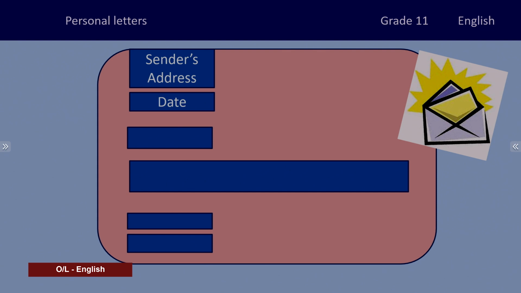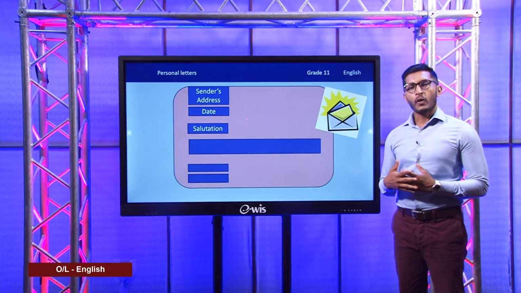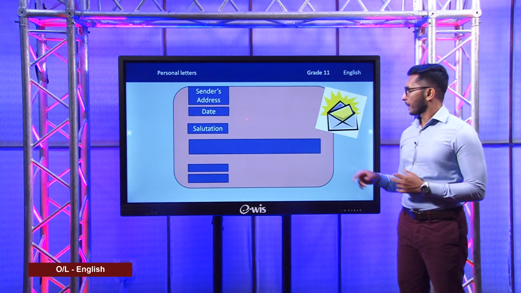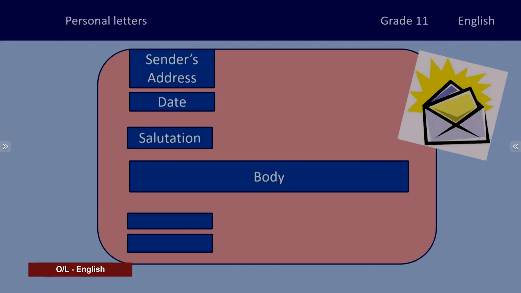And after the date, you write salutation. So what is salutation? You write dear Kamal, dear Sunil, dear father, or dear mother, whatever. And then we come to the body of the letter. And after the body, we write signing off, and then finally signature. Right. Hope you are clear with that.